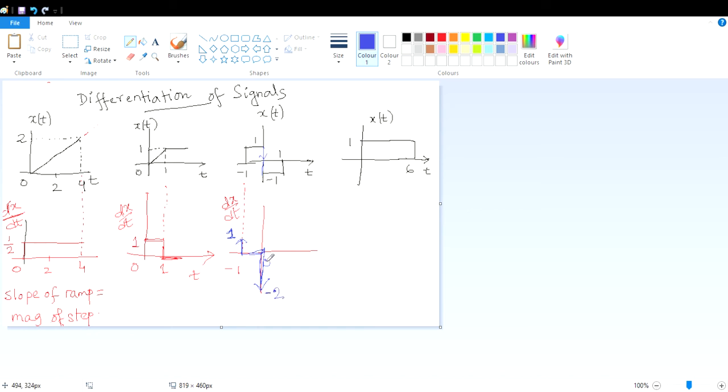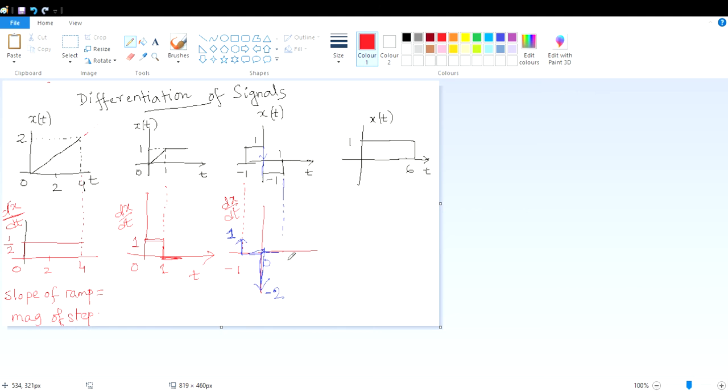Understood? So after that it will be again 0, and at +1 we will get another impulse, because there is a step change. Initially it was this, and after that it is becoming 0 again. Here there is a step change from -1 to 0.